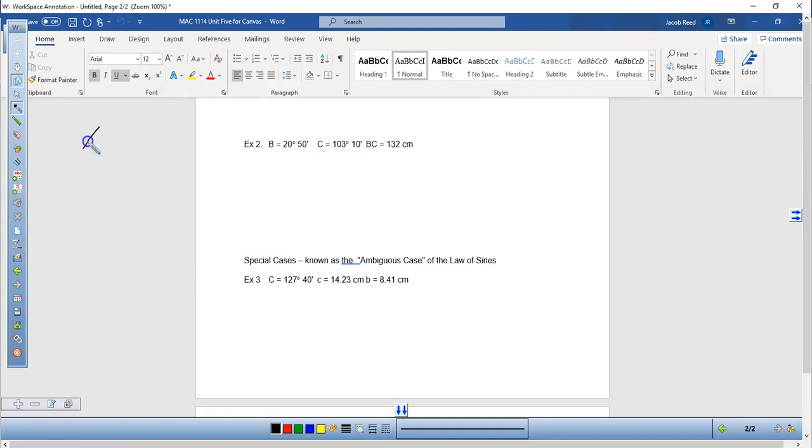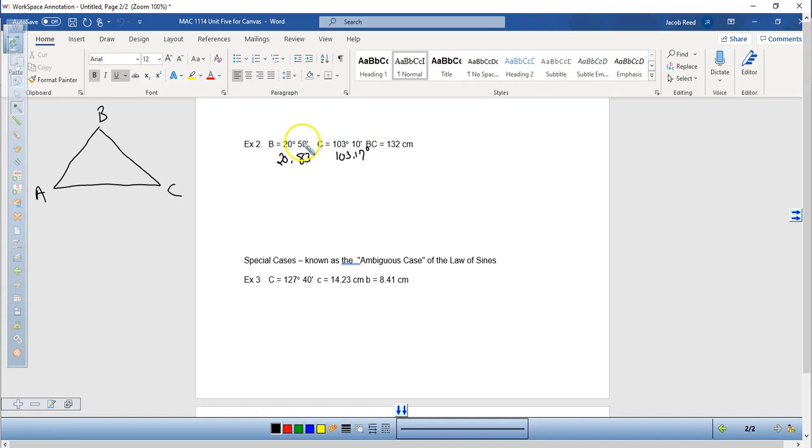All right, this time, same picture, A, B, C. I'm going to go ahead and convert these. So this is 20.83, and this is 103.17 degrees.